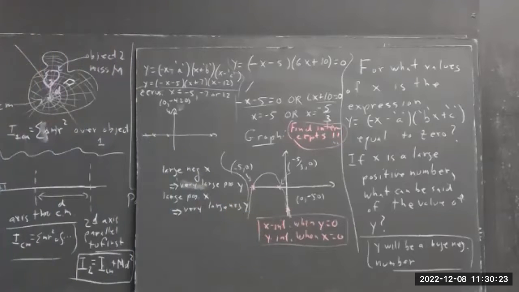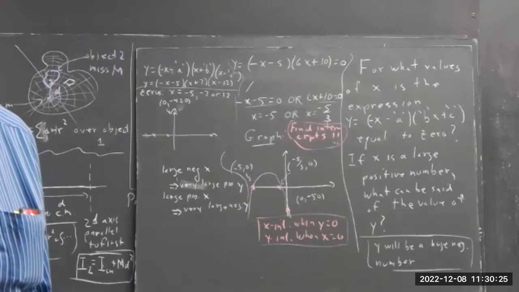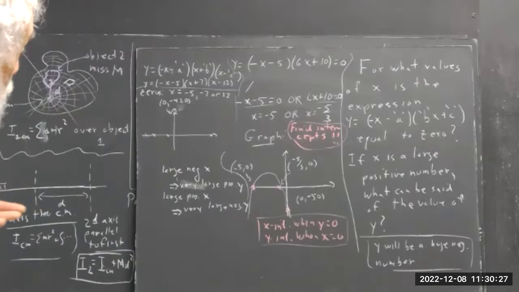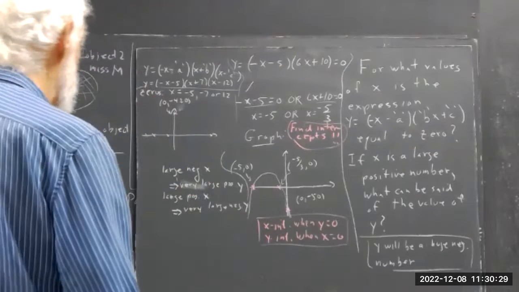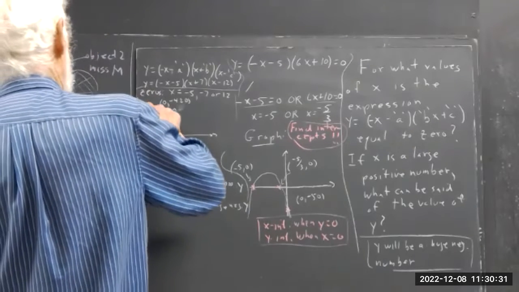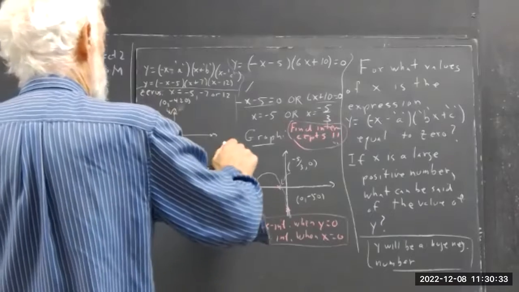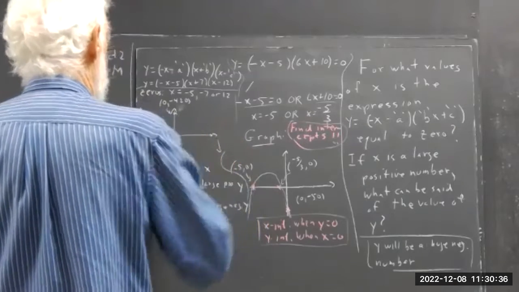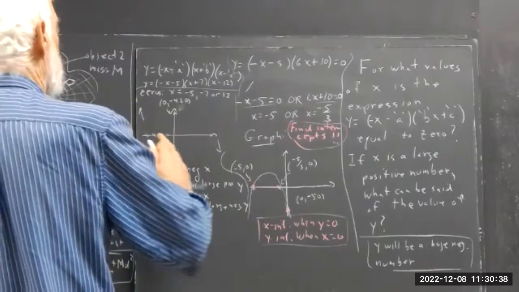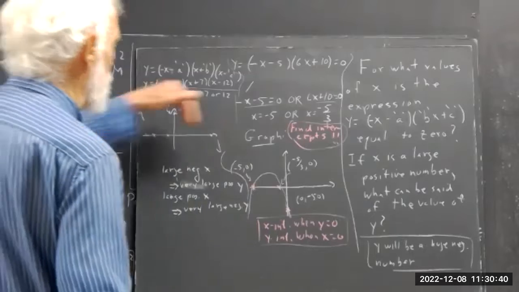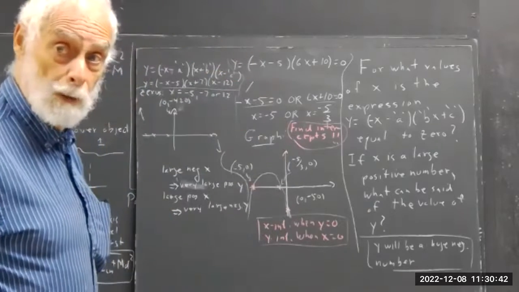For large positive x, we get a very large negative value of y. We draw a graph that has these characteristics. To the left of all our zeros, it's going to go up very rapidly. To the right of all our zeros, it's going to go down very rapidly.